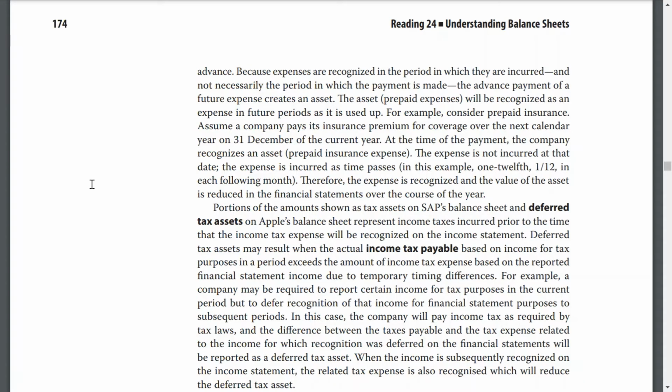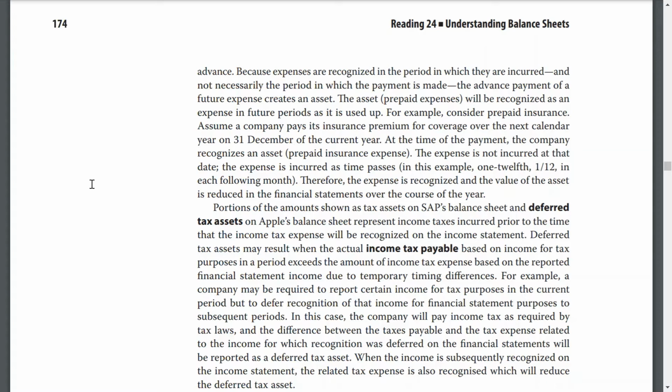Portions of the amount shown as tax assets on SAP's balance sheet and deferred tax assets on Apple's balance sheet represent income taxes paid prior to the time that the income tax expense will be recognized.